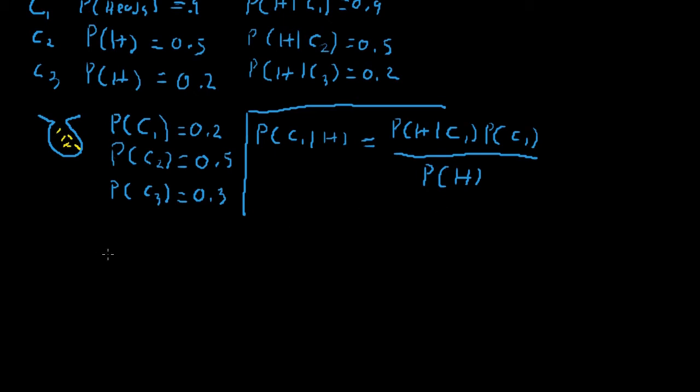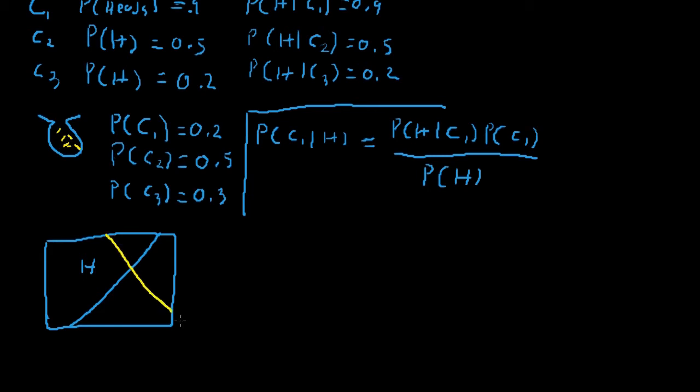Well, if I draw out my sample space, there's some probability of getting heads. And then we also know that I got one of the three types of coins. So maybe this is coin 1, this is definitely not to scale, this is coin 2, and then maybe this is coin 3's region over here.